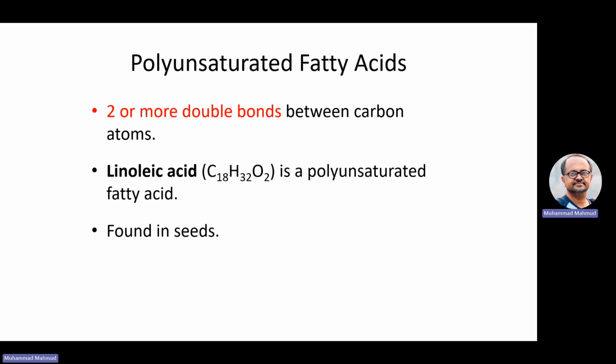That is also of plant origin. And these are good for health. If we consider which type of oil is better for our health, definitely it is the unsaturated one. Mono or polyunsaturated are better than the saturated one we get from animal sources.